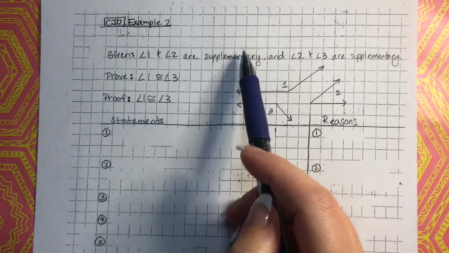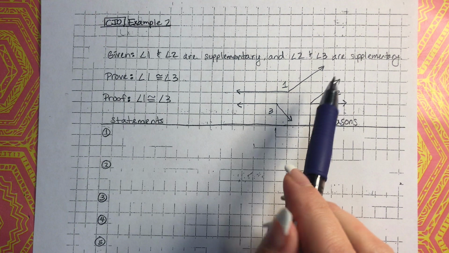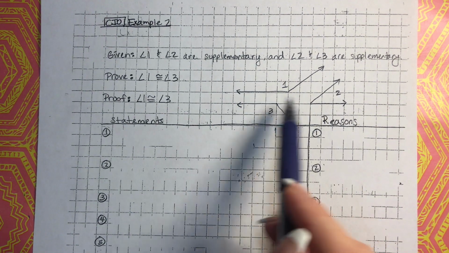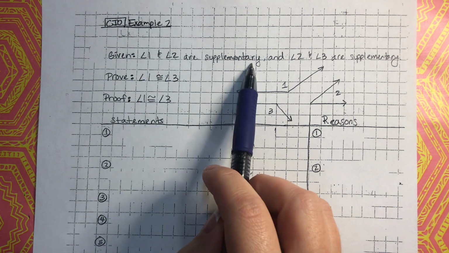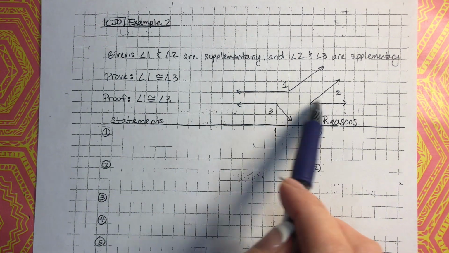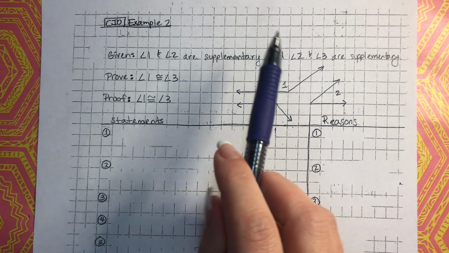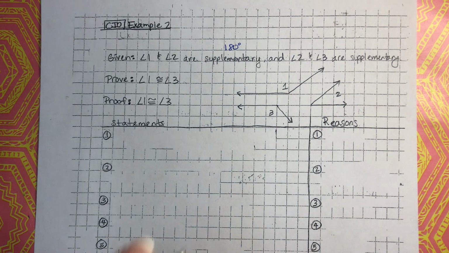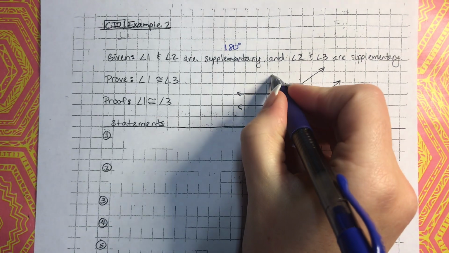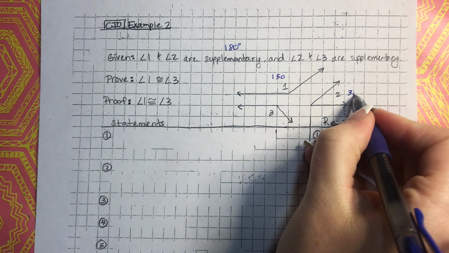So that's just a strategy I use, because when we're using all these words, sometimes it's hard to figure out the direction I need to go. So basically it's saying angle 1 and angle 2 are supplementary. So I'm going to actually just put some values on this. Supplementary, remember, that's 2 angles equal 180 degrees. So I'm just going to say that angle 1 is 150 degrees and 2 would have to be 30 degrees.